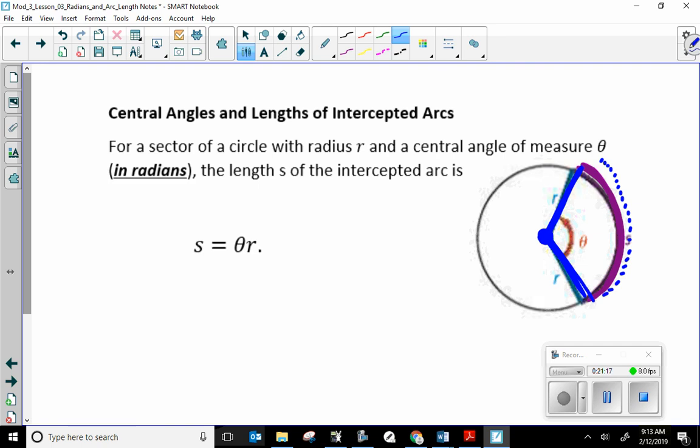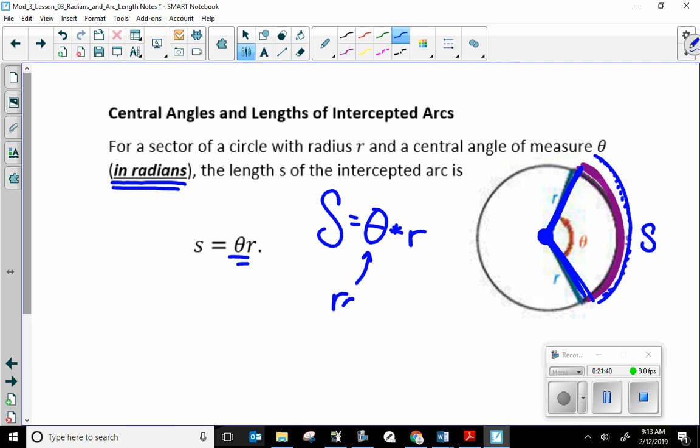But as long as your angle is measured in radians, then the length of this intercepted arc is going to be s. And how do you figure that? My arc equals my angle times my radius, and that's it. Just make sure that is in radians. That's all you need to do. And it's just that simple.